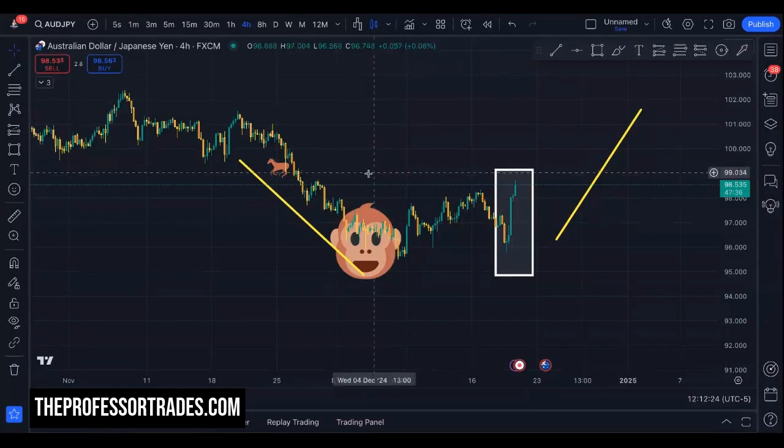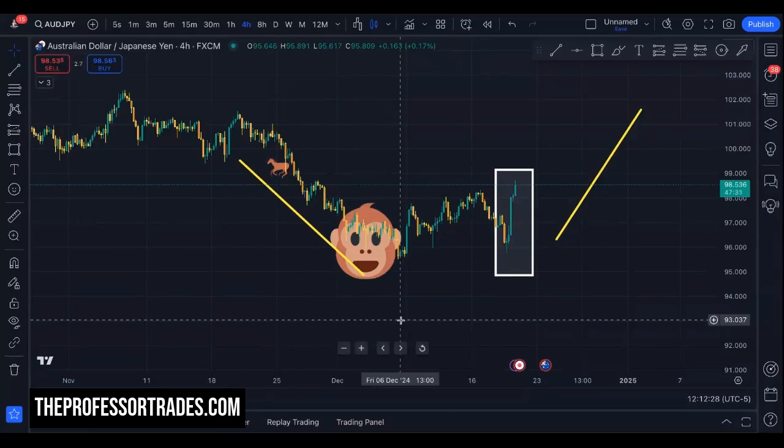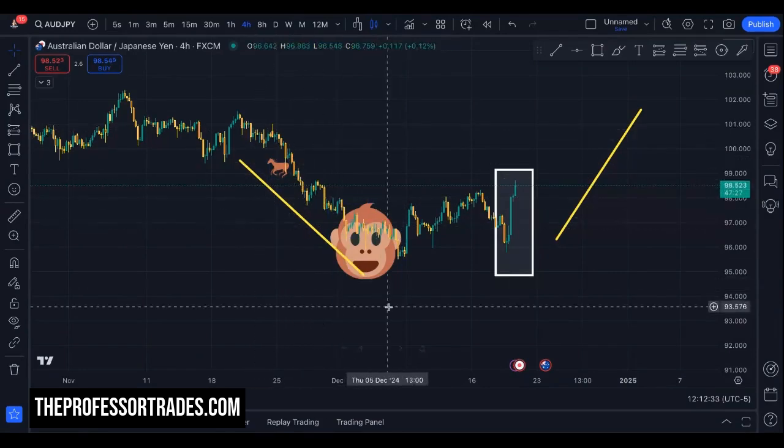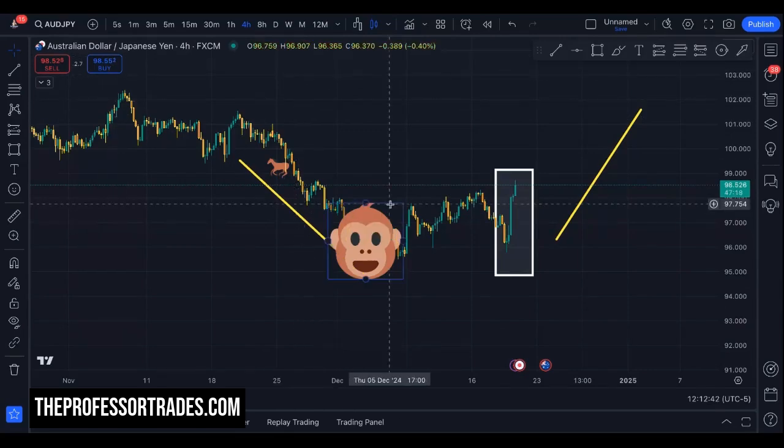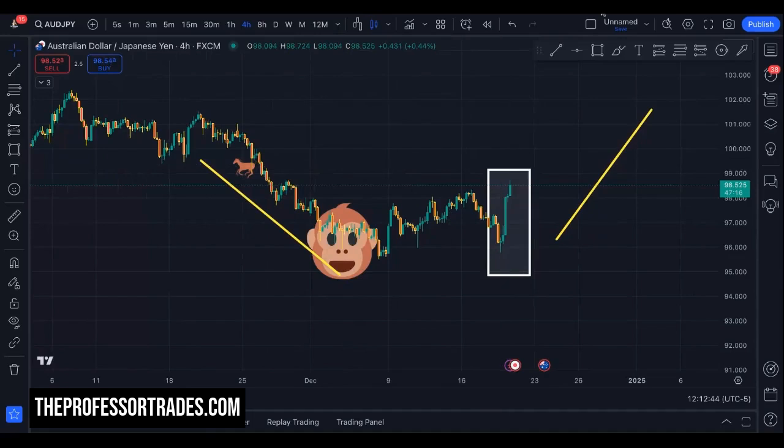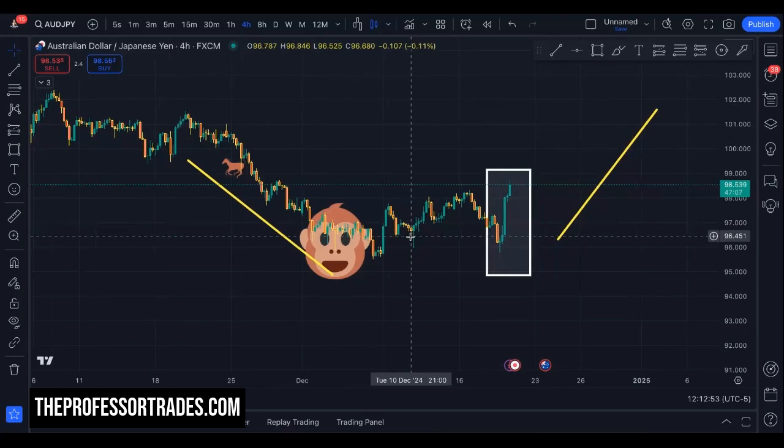The Japanese yen was rising here only because at that particular moment in time, over the course of all these 4-hour candles, the overall relative strength of the yen had become much stronger than the Australian dollar. And by the way, for anyone that might be curious, no animals were hurt in the making of this example. So don't call PETA.